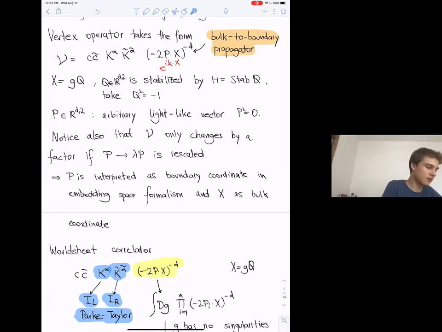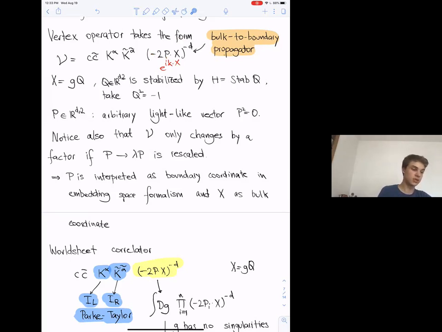And then we need another vector with which we can contract X. Let me call that other vector P. That motivates why P dot X is appearing, and the vertex operator should be some function of P dot X. By requiring that it satisfies all the on-shell conditions, you see that this function necessarily has to be P dot X to the -d, up to some overall constant.